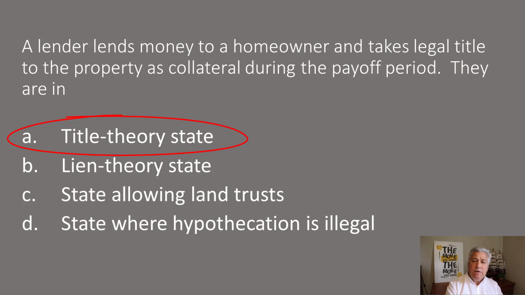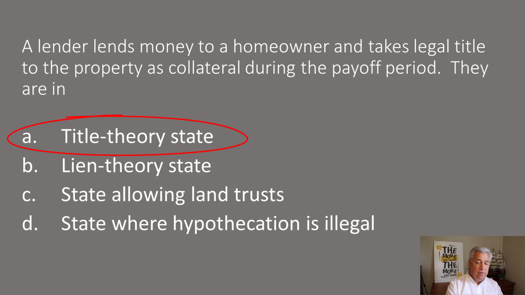In lien theory states, the homeowner has full ownership of the home. The bank has a lien on the property, but it's no more than that, a lien. If the homeowner quits making payments and the lender wants to foreclose, the lender has to go to court to get the judge's permission. Lien theory states use mortgages, and mortgages usually require judicial action to foreclose.